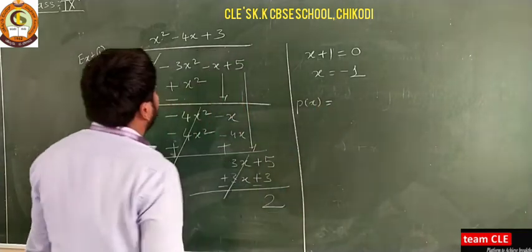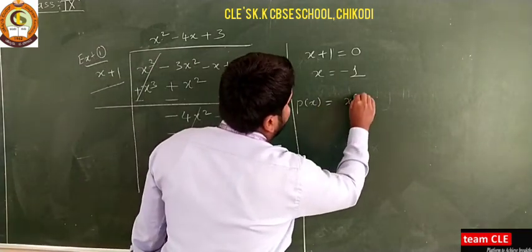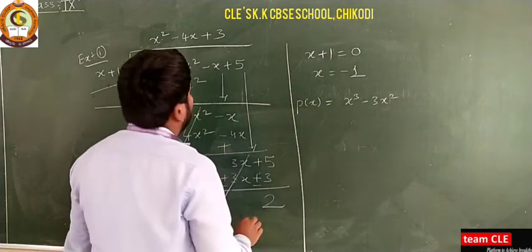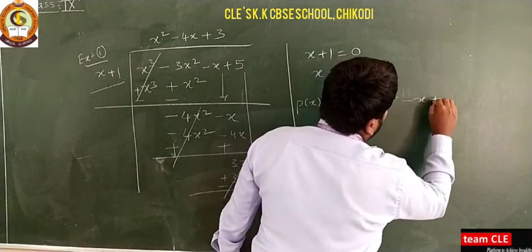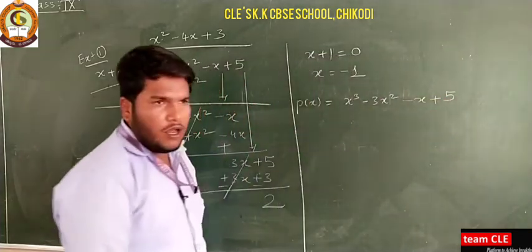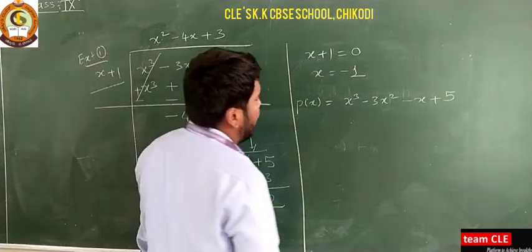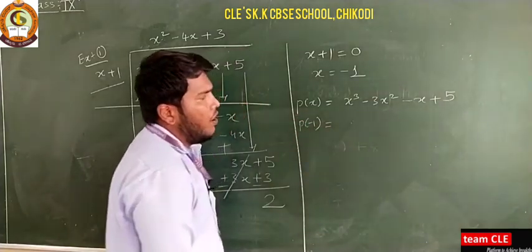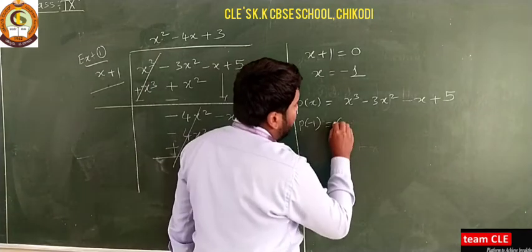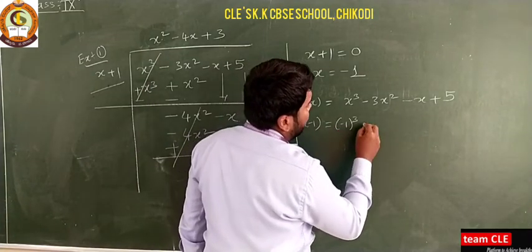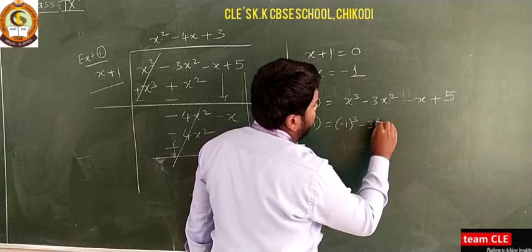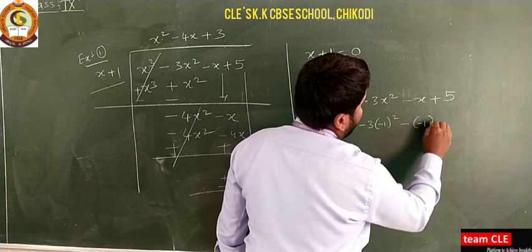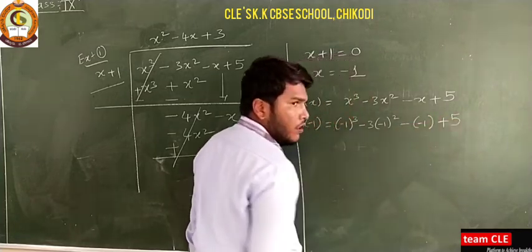First I write the polynomial p of x equals x cube minus 3x square minus x plus 5. Now I substitute p of minus 1, that is minus 1 whole cube, minus 3 into minus 1 whole square, minus of minus 1, plus 5.